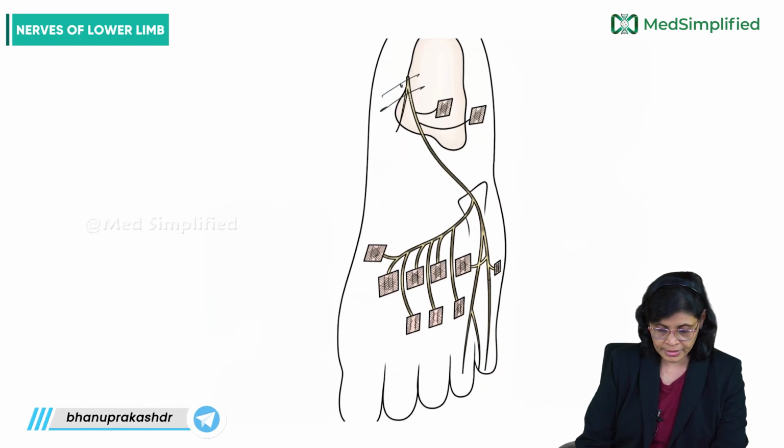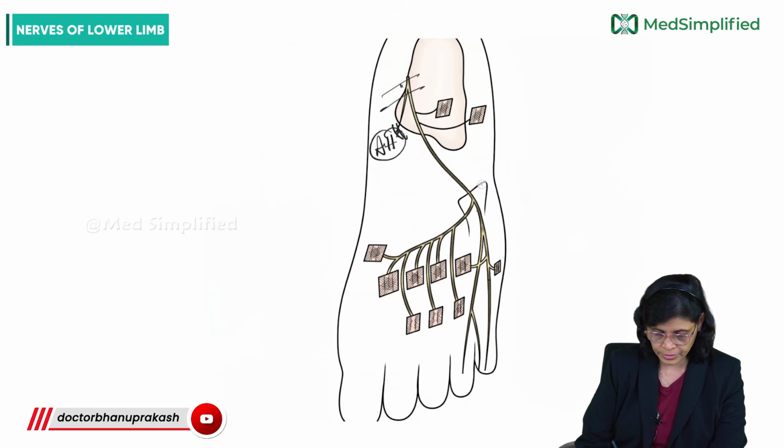It appears in the sole deep to the abductor hallucis, then passes forwards and laterally up to the base of the 5th metatarsal.